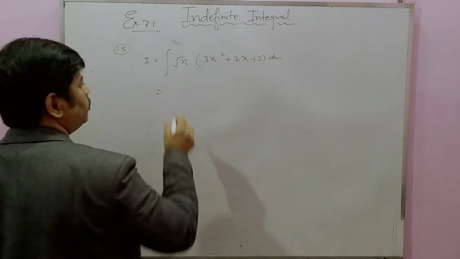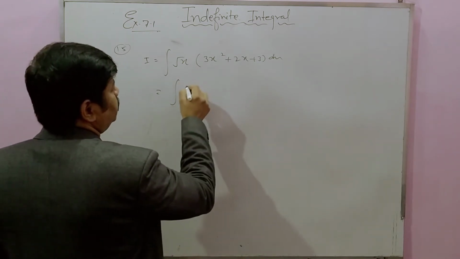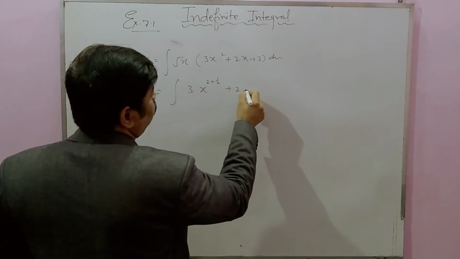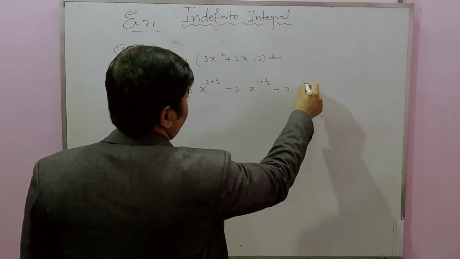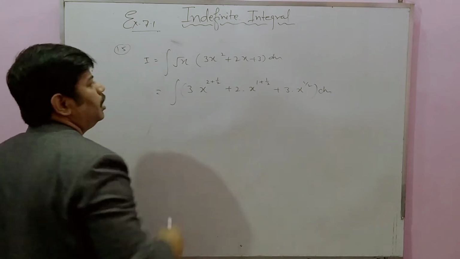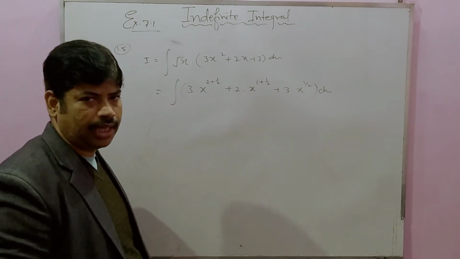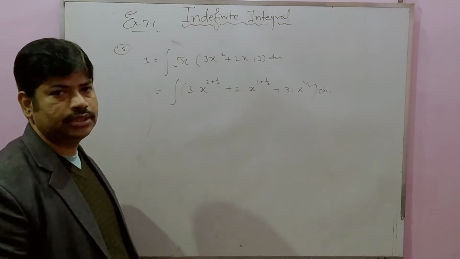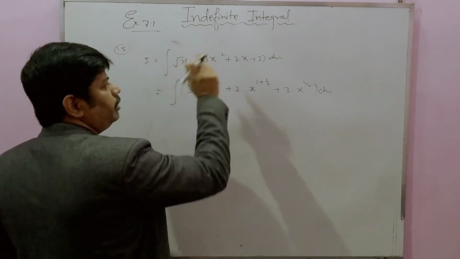First of all, we have to multiply in the bracket root x, so it should be 3 x to the power 2 plus 1 by 2 plus 2 x to the power 1 plus 1 by 2 plus 3 x to the power 1 by 2 dx. We can write root x as x to the power 1 by 2. That's why, when multiplying in the bracket, the powers will be added, because the bases are the same.